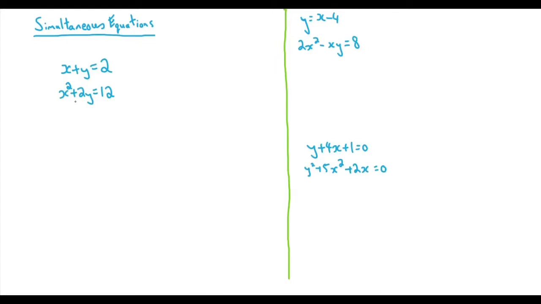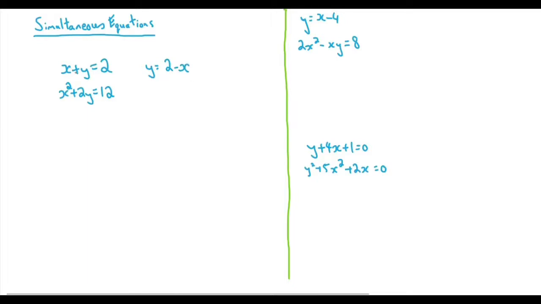So what we're going to have to do instead is do simultaneous equations by substitution, which again you potentially came across at GCSE, but we're just going to recap here and also see how we might take this a little further. So what I mean by substitution is to say we're going to take this first equation and rearrange it. Let's say that we were to have that y equals 2 minus x.